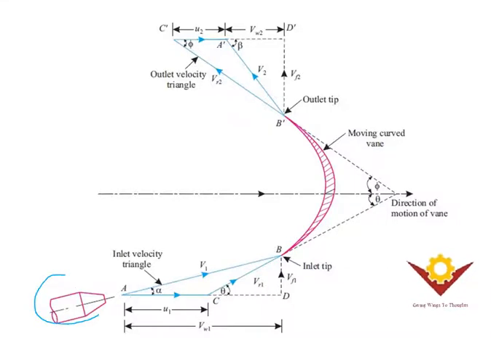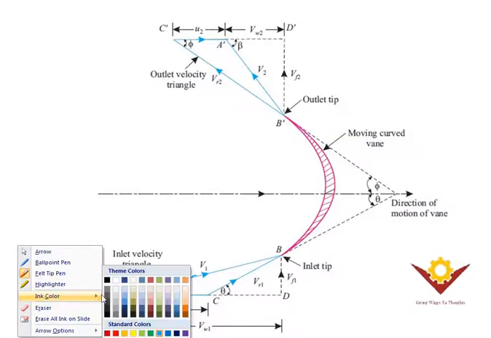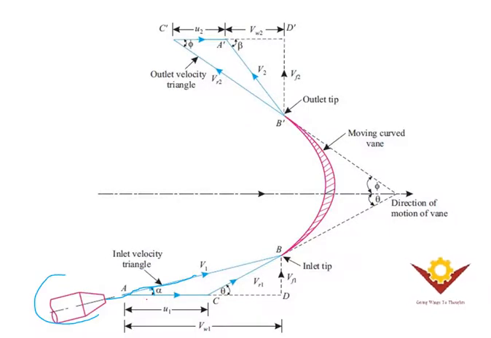See here, this is your nozzle. This nozzle is making some angle which is like alpha with respect to the horizontal, and this alpha we call jet angle. Okay, and with what velocity it is striking the vane at the tip is V1.